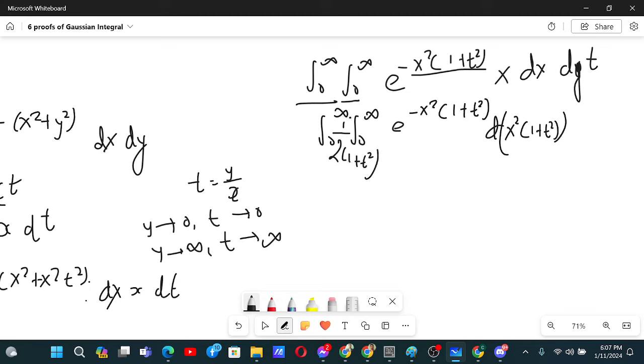These are the constants, which are not in the x world, and then dt.